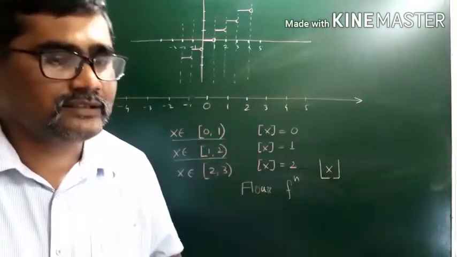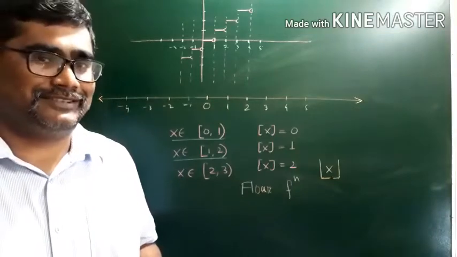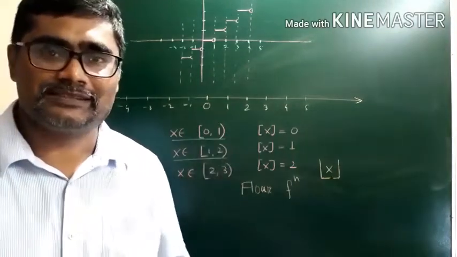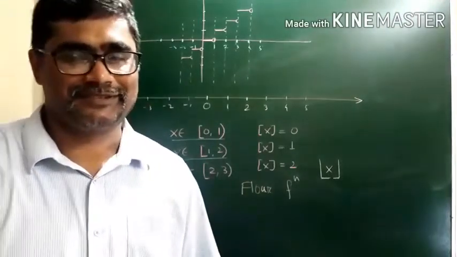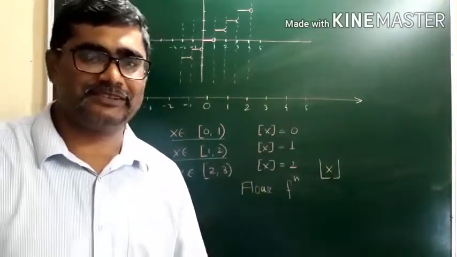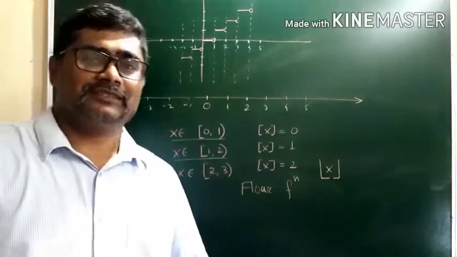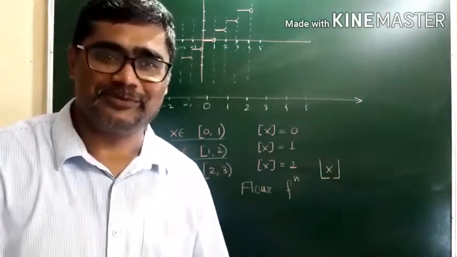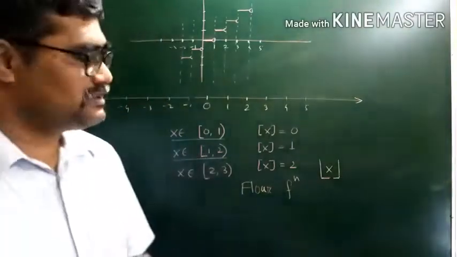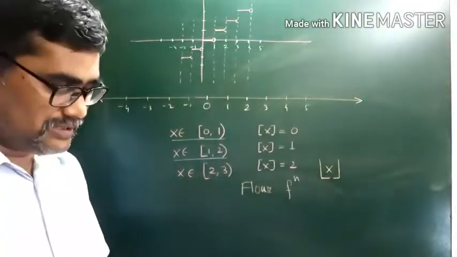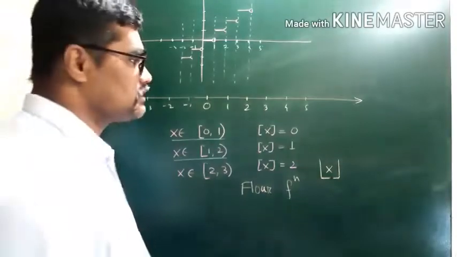Now what is the observation here? See, is it looking like a staircase? So it is also known as one of the step functions, whose name is greatest integer function, or we call it floor function. We say it affectionately, right? But remember, this is a very important function. Now coming to the domain and the range, the last part to be discussed.